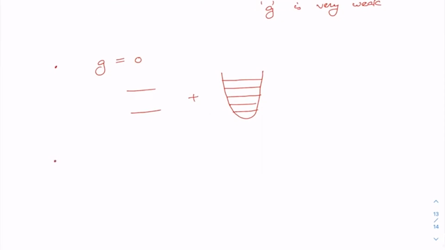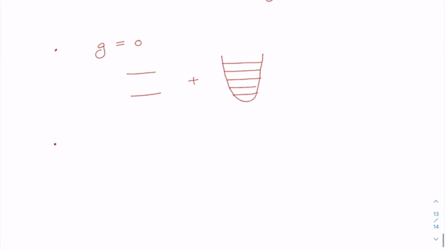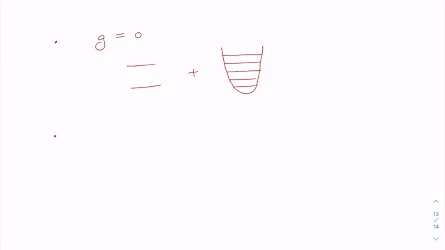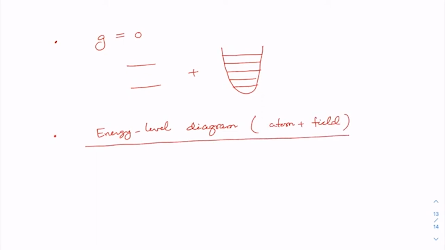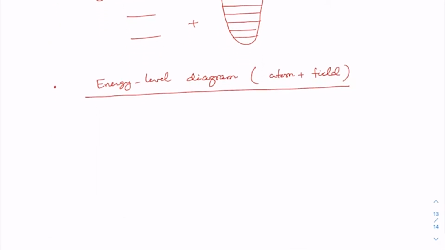And in this process we are going to take the number of photons inside the field mode, with the atom to be either in the excited state or in the ground state.